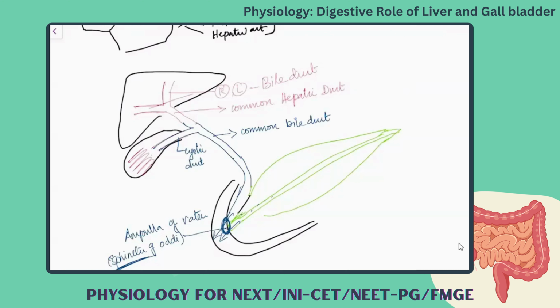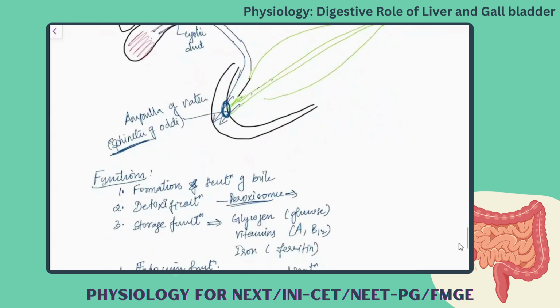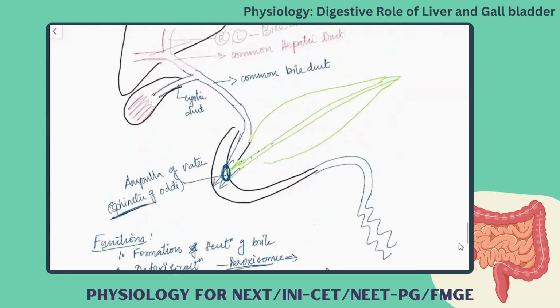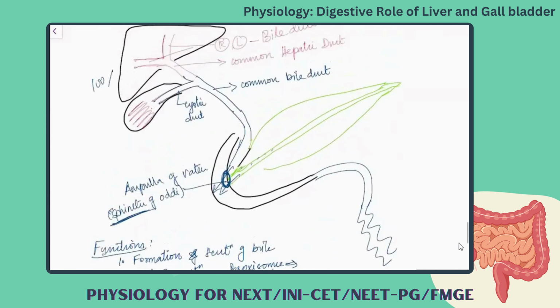All of those you will study in detail in biochemistry. The formation of chylomicrons, vesicles, the conversion of VLDL, HDL and other things, all these will take place. After all those processes, it enters the intestine. Everything is done, and whatever bile is secreted from the liver is nearly 100%.